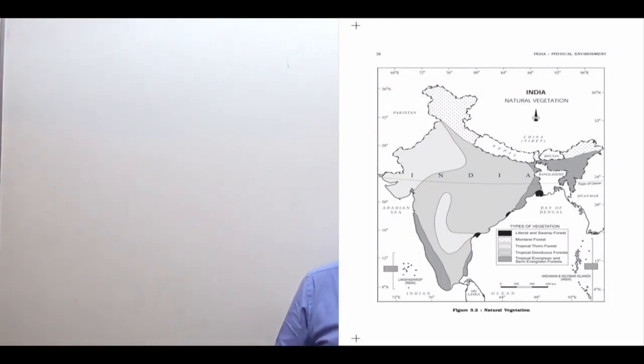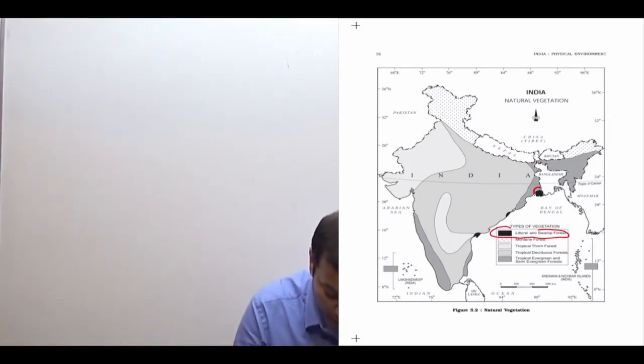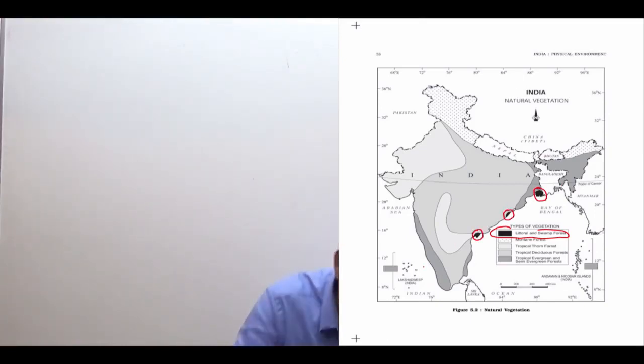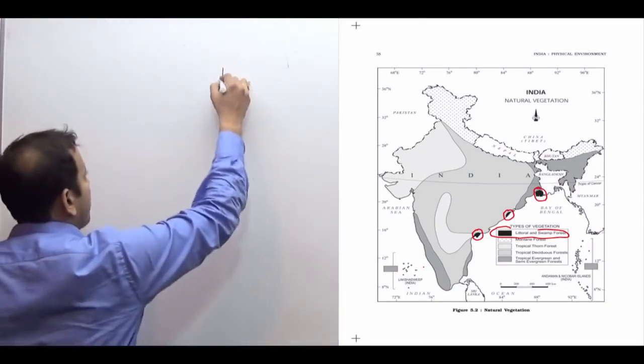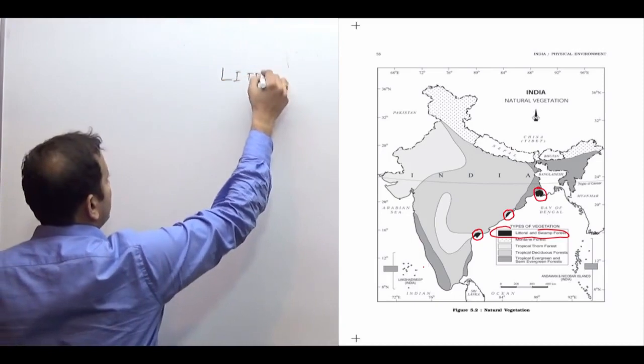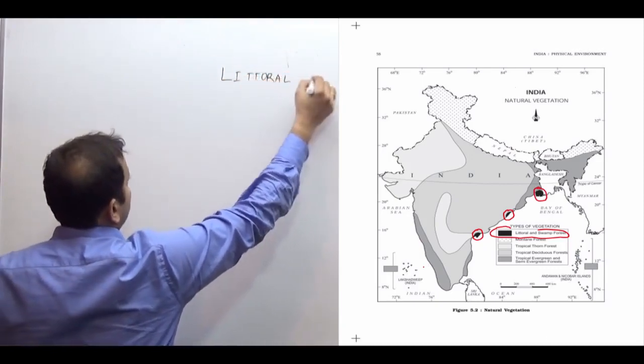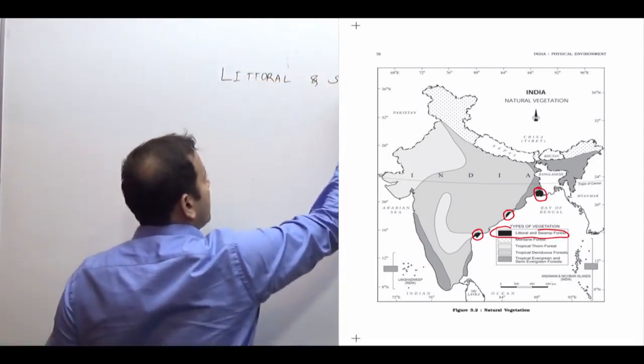which is found, you can see the dark black color, that is the littoral and swamp forest. Now you can see here in the map where it is found. It is found in the delta regions. So it is found here in the delta of Ganga Brahmaputra. It is found in the Mahanadi delta. It is found in the Godavari delta. So that is the littoral and swamp forest.